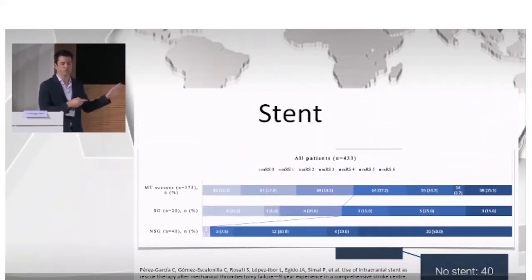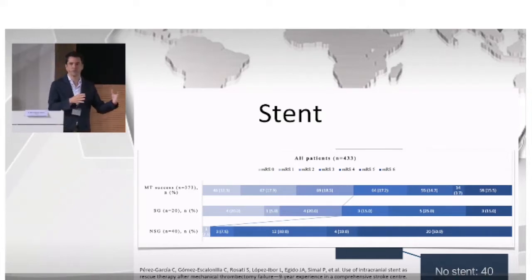Why? Because these were the results. After placing the stent, we got 45% of good clinical outcome, while if we didn't place the stent, it was as low as 2.5%. I know this is really low, but it's because of what I have already told you. If the patient was really bad, if the ASPECTS score was low, or old patients, we did not place a stent in this study.